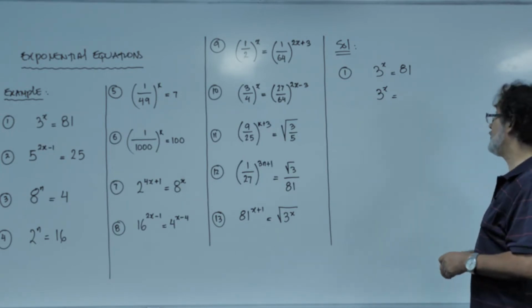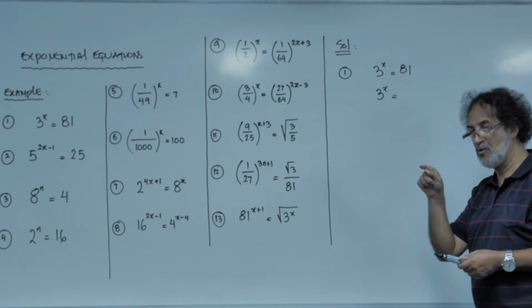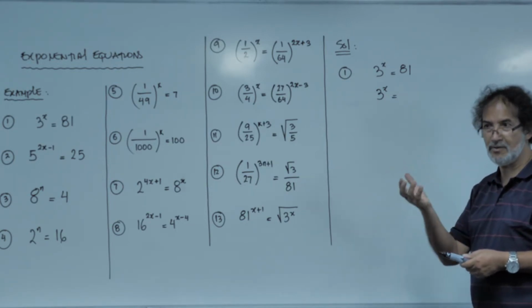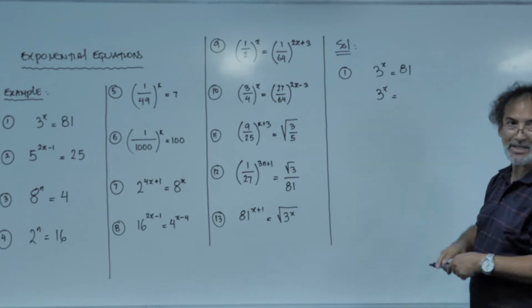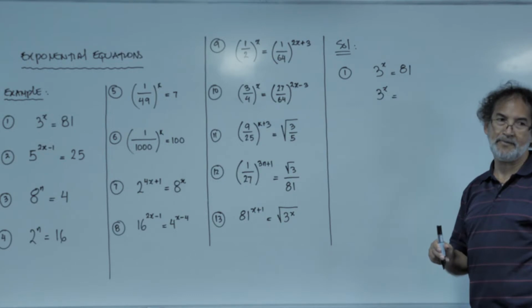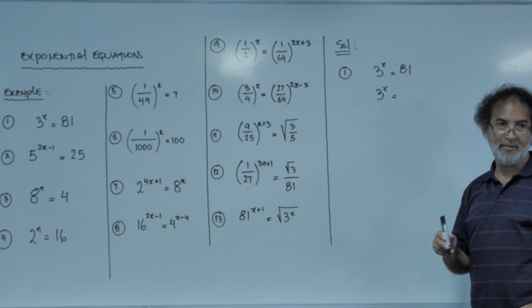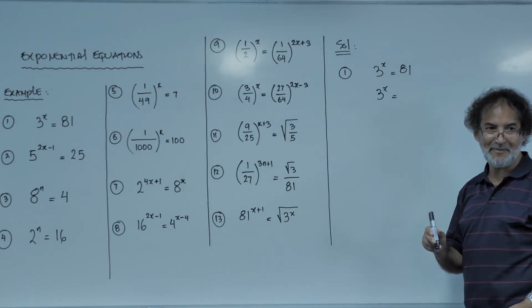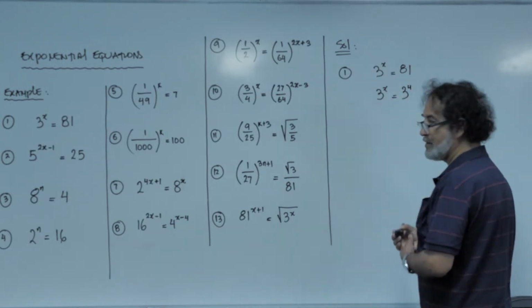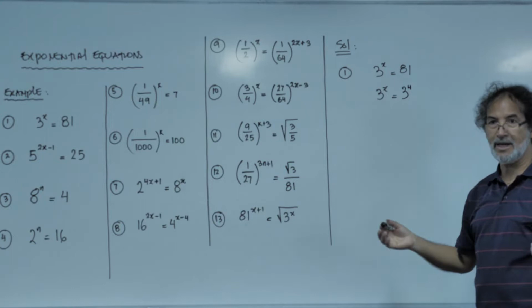So in your calculator, 3 to the power 1 doesn't work, 3 squared doesn't work, 3 cubed doesn't work, until you find the one that matches 81. What is it? The power of 4. So you do 3 to the power of 4, and then it's done.